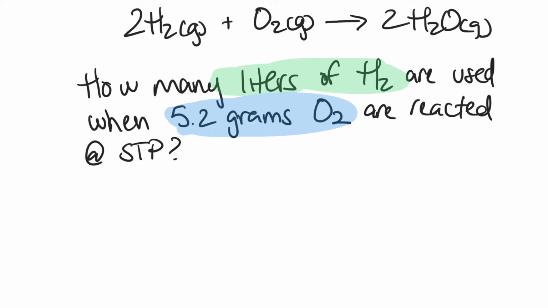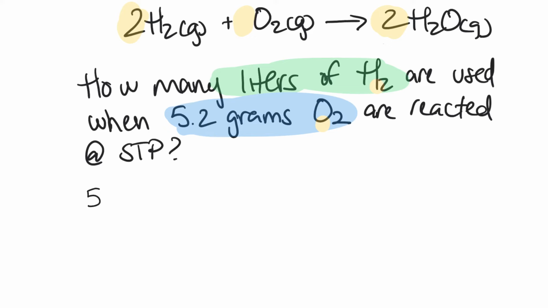So once again, if it's not in moles, you must convert it to moles. And only when it's moles can you look at the mole-mole ratio of one substance to the next. All right, so in this case, we can look at the mole ratio of oxygen to H2. So let's work through this math.